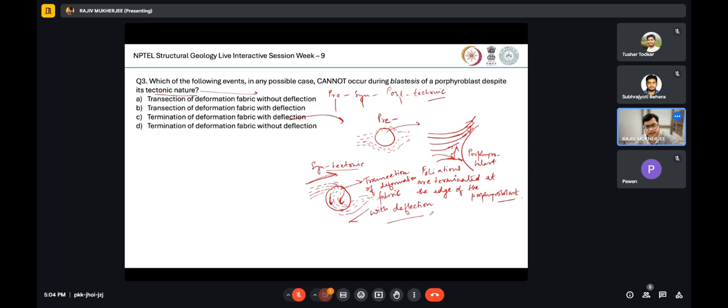So this is how syntectonic blastocysts may occur. So transection of deformation fabric with deflection can also occur during blastocysts, right?